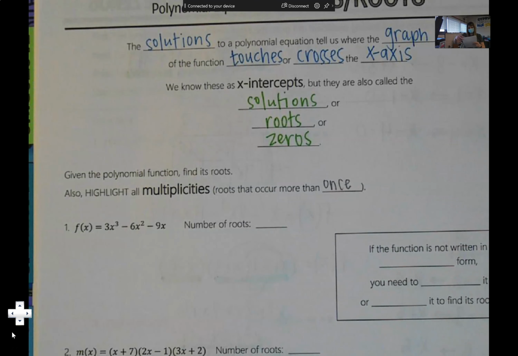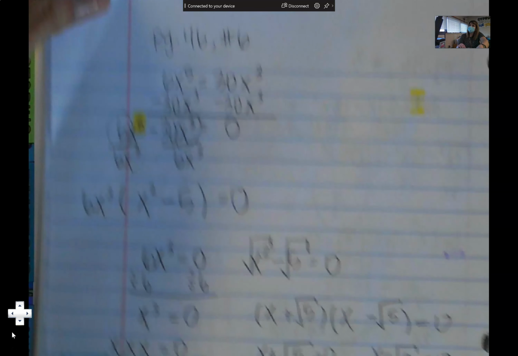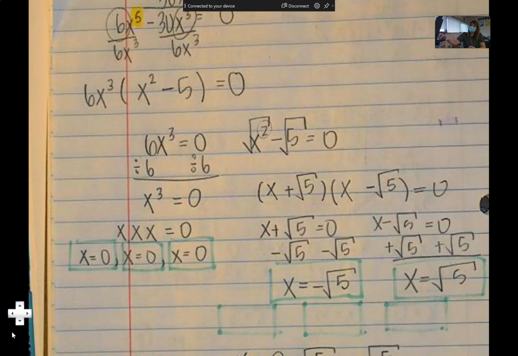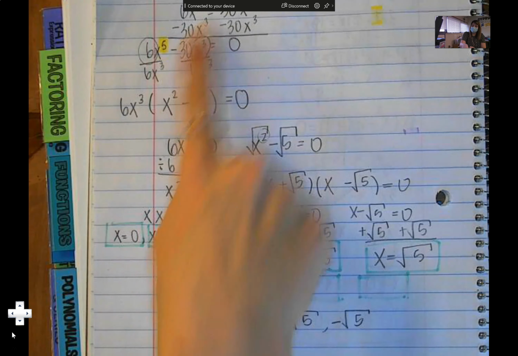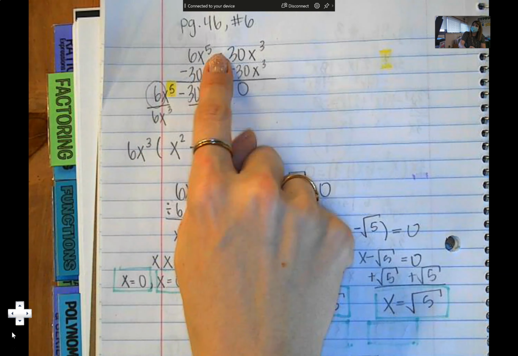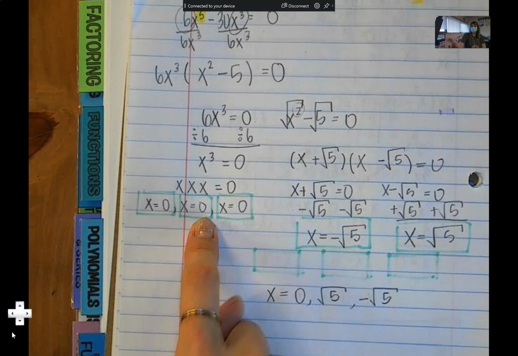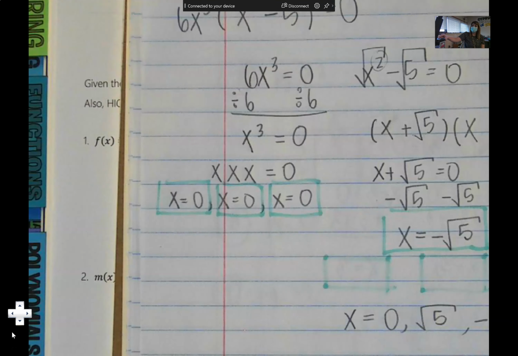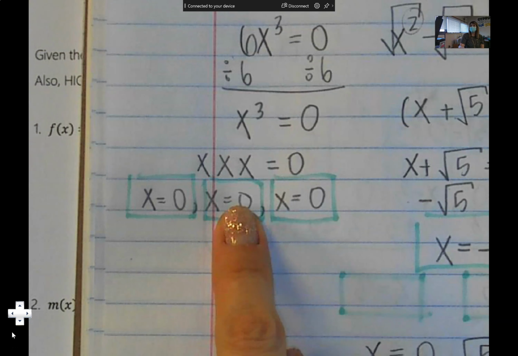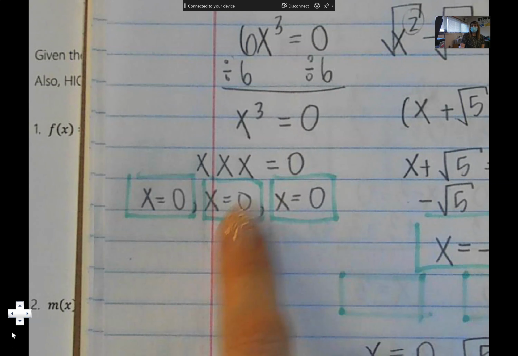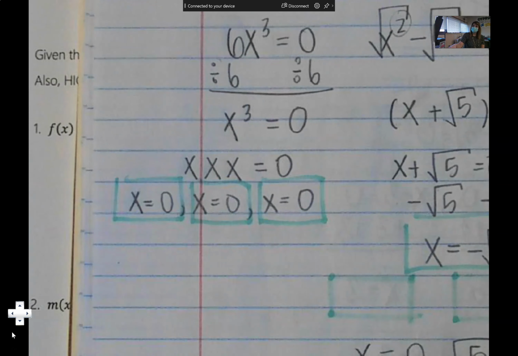So I had to do some solutions in my notebook because I wanted the room to work out the problem. And this is one where we solved this polynomial equation right here. And 3 of our solutions were 0. That is a multiplicity. All that means is that I had more than one 0 as a solution. So this would be considered multiplicity 3. So we want to be on the lookout for those.